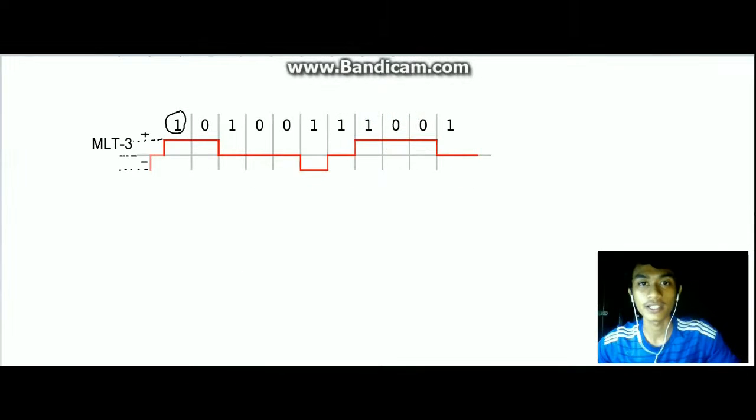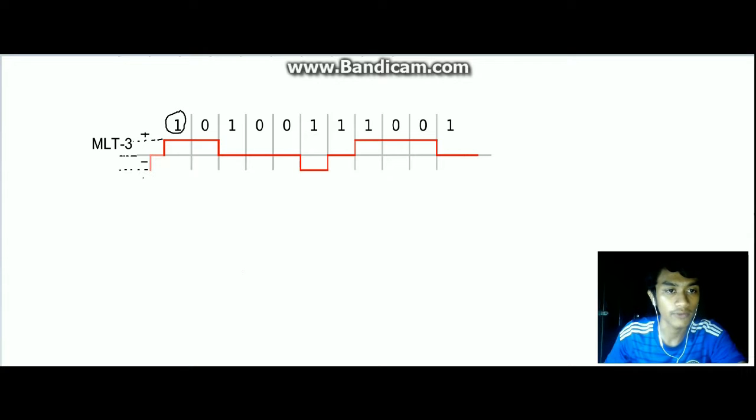My name is Haziq, and I'm going to explain multi-level transition, also known as MLT3. This is a signaling method used in a telecommunication system for transmission purposes. MLT3 has 3 values. As you can see, this is the positive line, neutral, and negative.